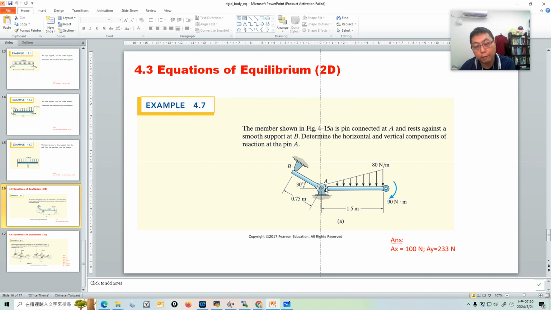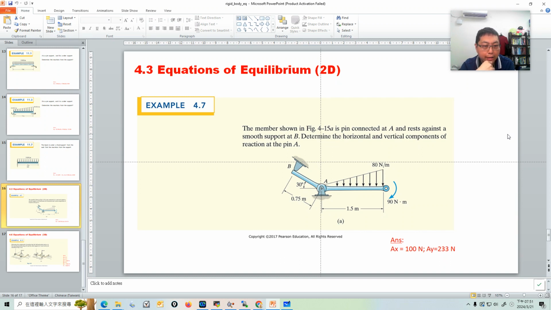In this course you have to deal with distributed loads a lot, no matter what kind of problem, so I also picked this example for demonstrating the support reaction calculation.